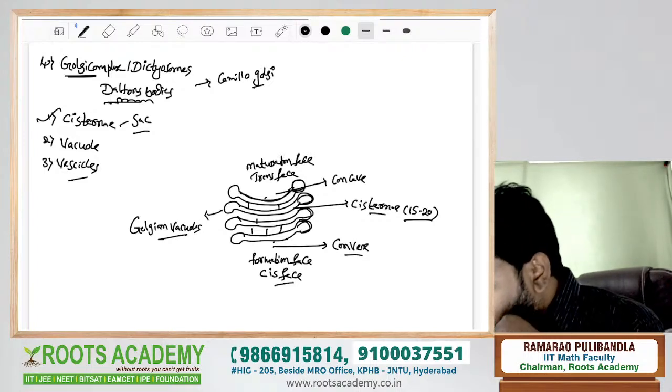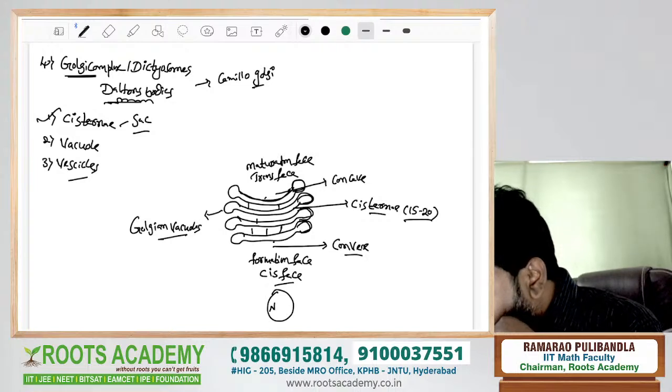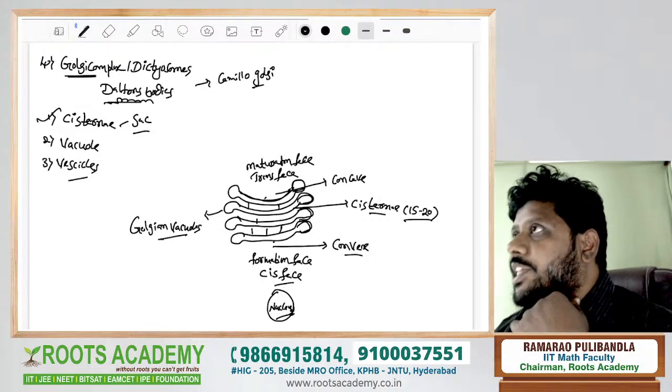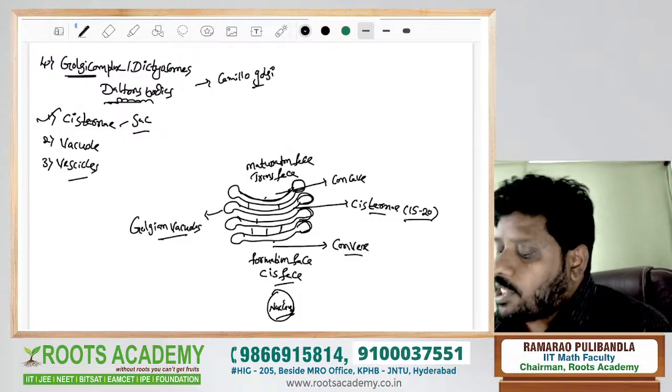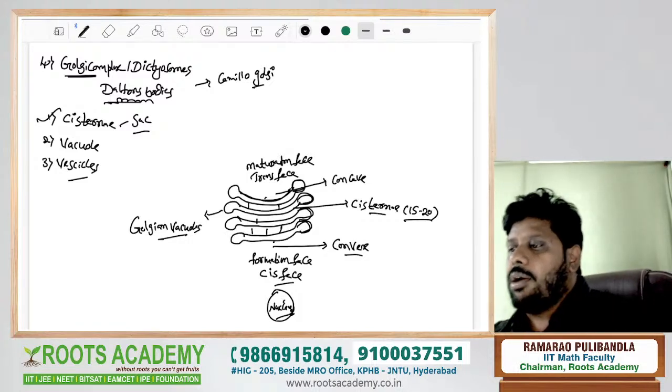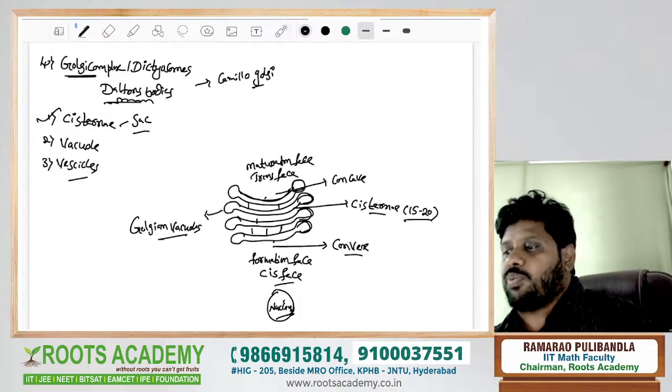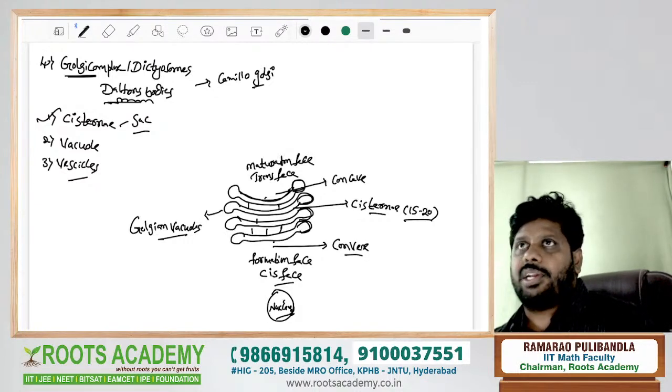See, the formation phase is always present towards the nucleus. The phase towards the nucleus is the formation phase. The phase opposite to the nucleus is the maturation phase or trans phase. Clear?